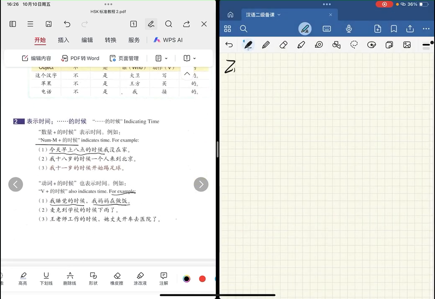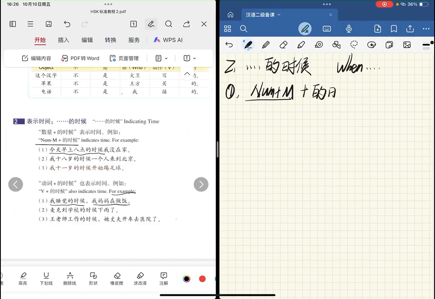The second one, 的时候. It means when, to express time, and it can be preceded by a time word or a verb. So the first one, we can add a numeral and measure word before 的时候 to indicate the time.